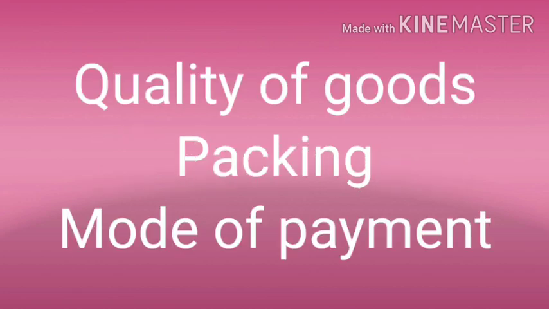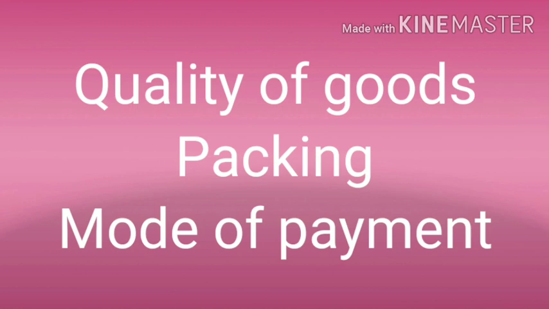Then, instructions regarding quality of goods or packing, insurance, etc. can be provided in the concluding paragraph. How it should be properly packed, what is your need, your request for insurance and all those things. Then you can mention the mode of payment also in the concluding paragraph, how you want to make the payment.